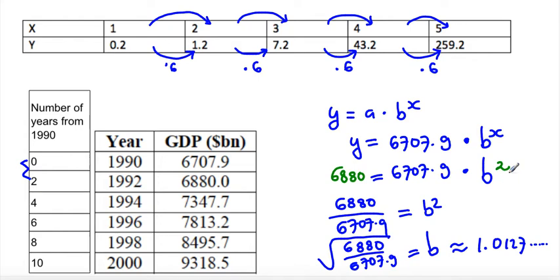Of course this is not the only way. If I do not want to take the second point, I can do it differently. I'm going to take the fourth value here, 4, 7813.2.